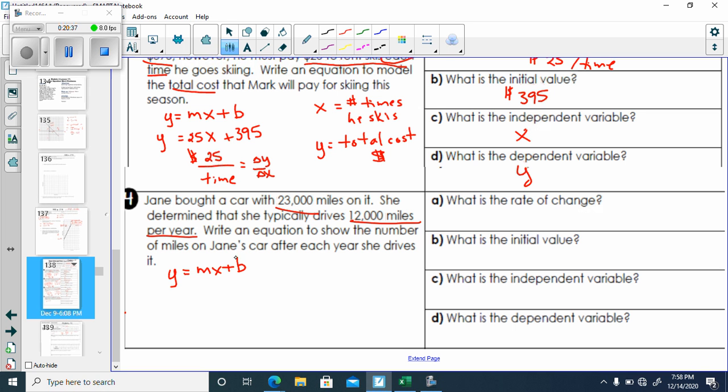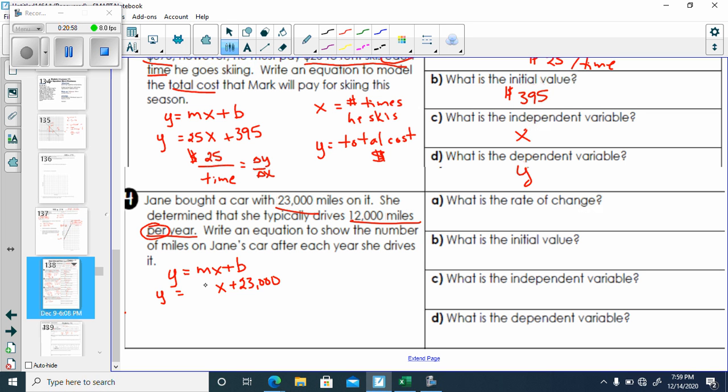Okay, our b. Where are we to start with? Where do we begin? Well, that car has 23,000 miles on it. So we start at 23,000 miles. Okay. Now, what is our rate? What's our rate of change? 12,000 miles per year.